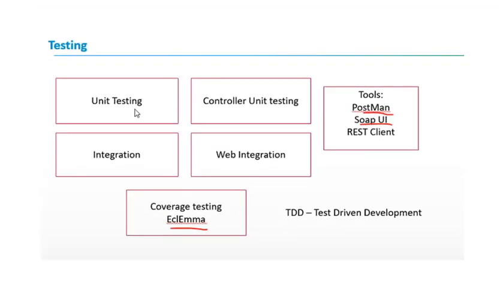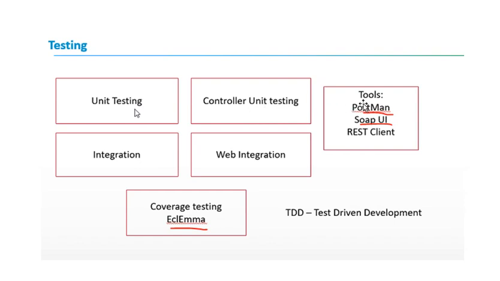Let me show the agenda of today's discussion. In unit testing, we have to do integration testing in the repository, and unit test cases can be done in the controller, in the service layer, and in the DAO layer, that's the integration layer. And controller unit test case, we can do that.